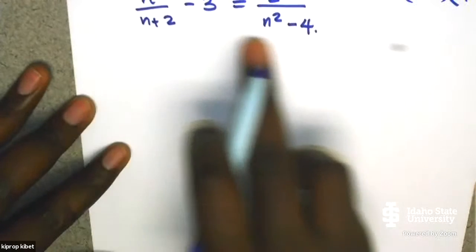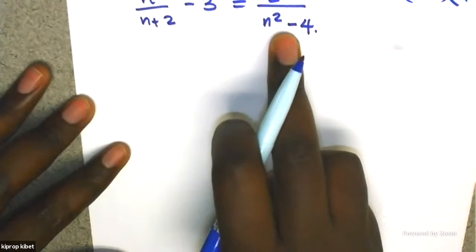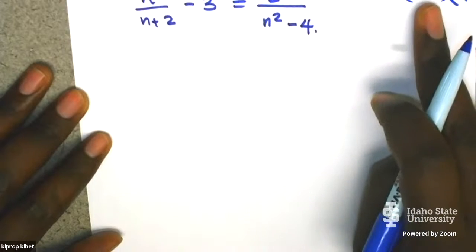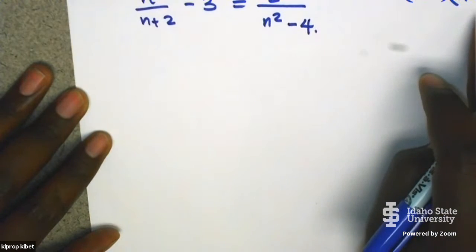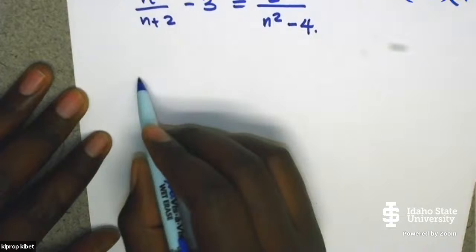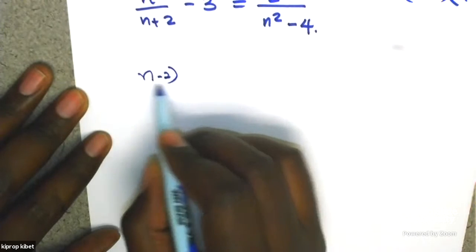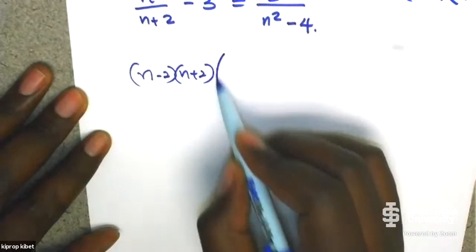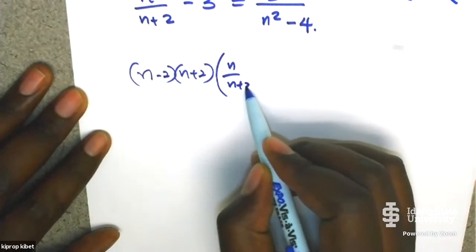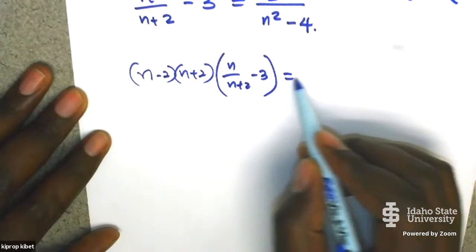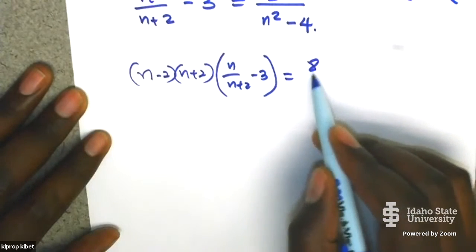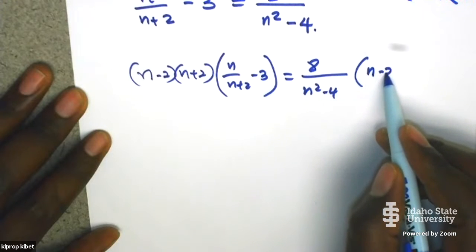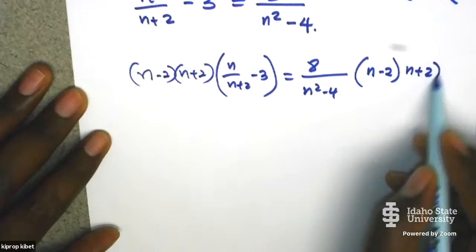So our common factor here is n square minus 4, which is the same as n minus 2, n plus 2. So what you do is you multiply n minus 2, n plus 2 by all of this, n all over n plus 2 minus 3, equals, what you do on one side, you do on the other side, 8 all over n squared minus 4, times n minus 2, n plus 2.